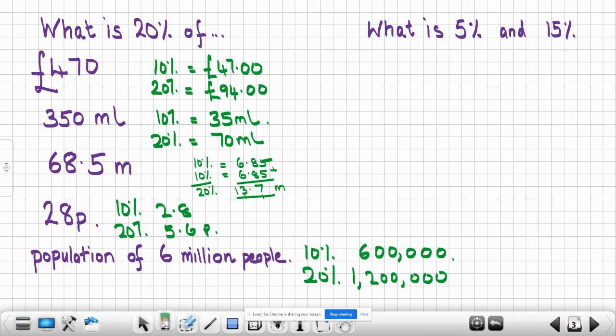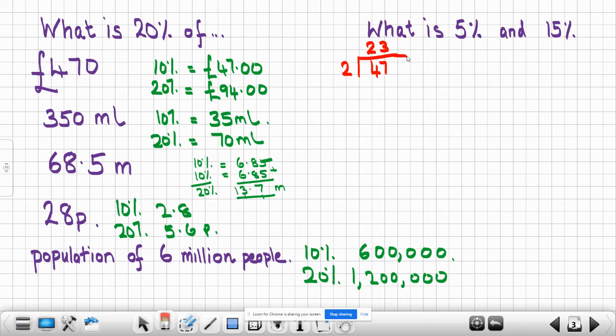So now let's think about if we wanted to find 5%. Well, again, we're going to make use of this 10%. So we can say if 10% is £47, then to find 5%, we need to divide by 2. Divide 47 by 2. 2's into 4 goes twice, no remainder. 2's into 7 goes 3 times with 1 remainder.